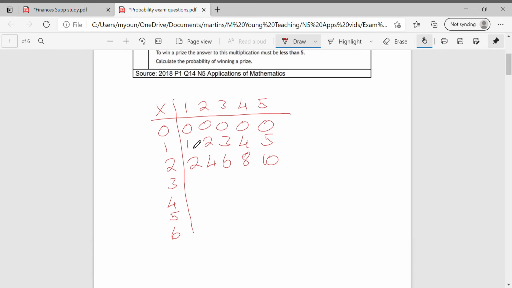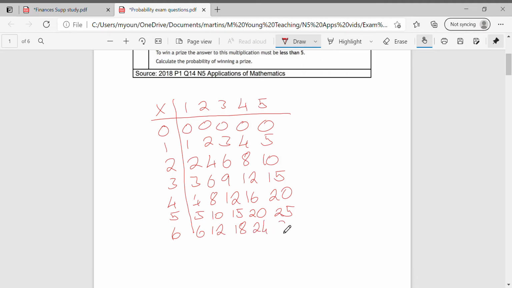So 3 times 1, 3, 6, 9. What you realise is what you're doing is really the times tables. 4 times 1 is 4, 4 times 2 would be 8, 12, 16, 20. 5 times 1 would be 5, times 2 would be 10, 15, 20, 25. 6 times 1 is 6, 2 would be 12, 18, 24 and 30.